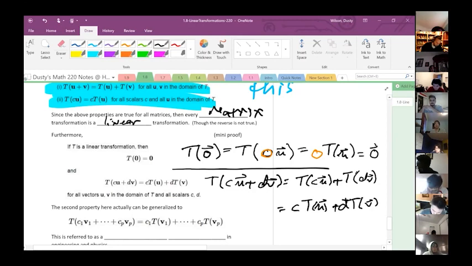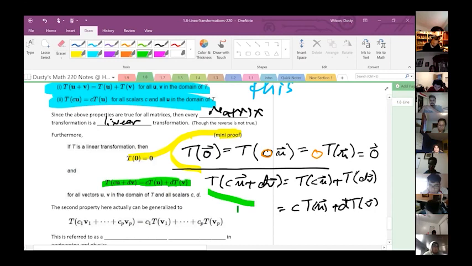So these are the mini proofs tied to these two properties.